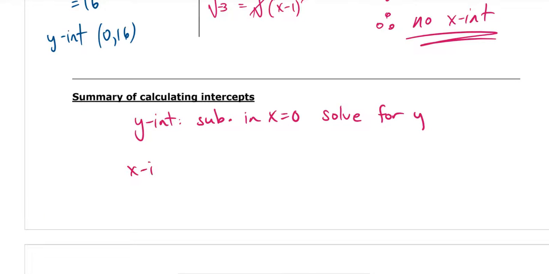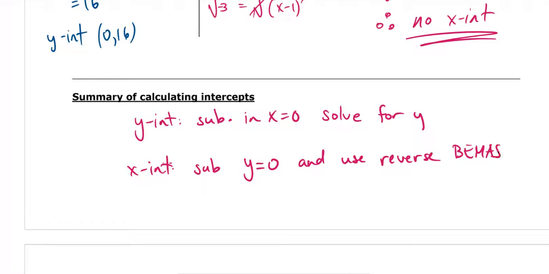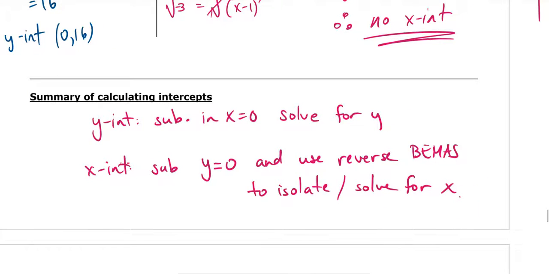For the x-intercept, you're going to substitute y equals 0 and use reverse BEDMAS, order of operations, to isolate or solve for x. And that's it. And that ends this video.